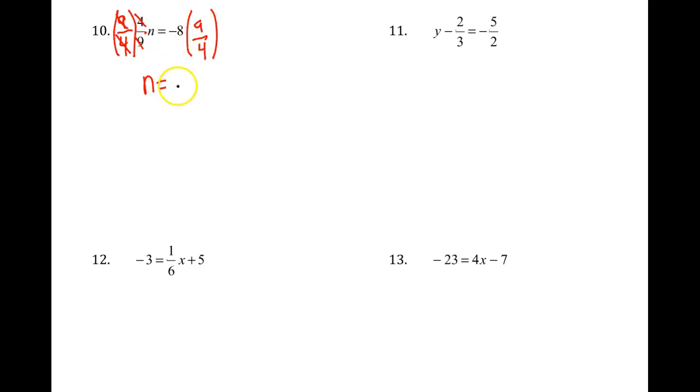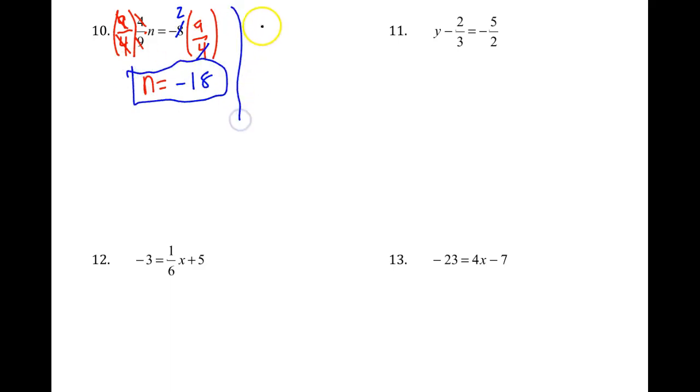Negative 8 times 9 is negative 72 over 4, right? Then you have to reduce, or you can just maybe do some cross-canceling to get smaller numbers. 4 goes into 8 2 times, so we have negative 2 times 9, which is negative 18. That might be a little bit easier.